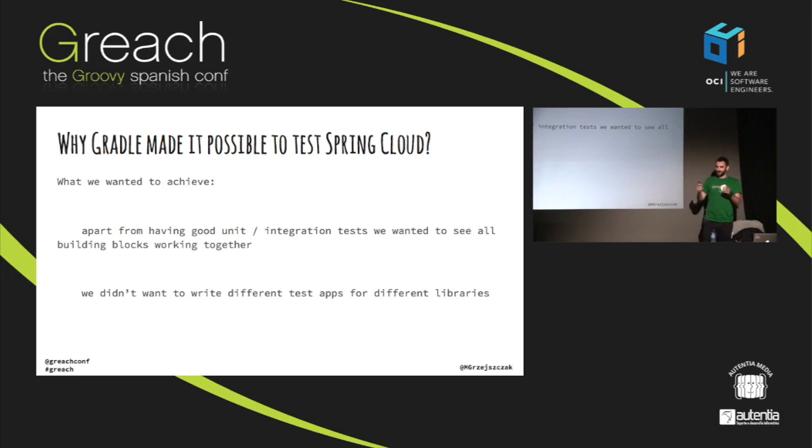I wanted to click around, see that, and test that in an automated fashion as well. And this is crucial. I didn't want to write different test apps for different libraries, because we already have a lot of test apps in Spring Cloud. I wanted one test application with which I could test all of the things that we have, even though some are exclusive, because I don't want to deploy two different servers used for service discovery, because it's stupid. I want to have only one.